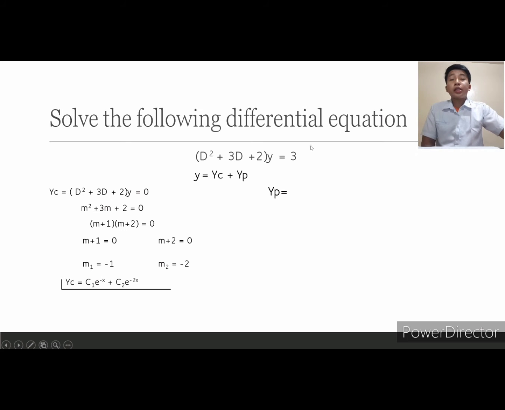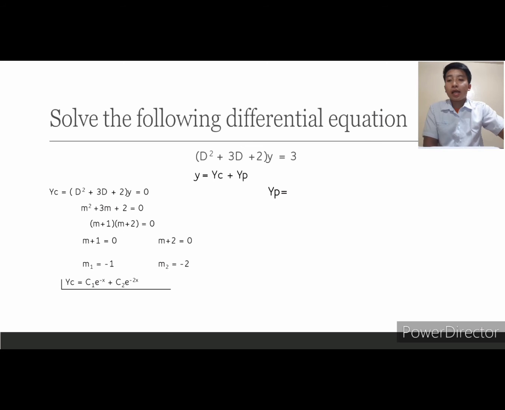Kapag meron tayong constant, magiging roots doon ay 0. Kapag 0 ang ating root, we have the form c sub 1 e^(0x). Since yung c sub 1 e^(0x) is parang 1 na lang po yung equivalent nun, meron po tayong constant na c sub 1.